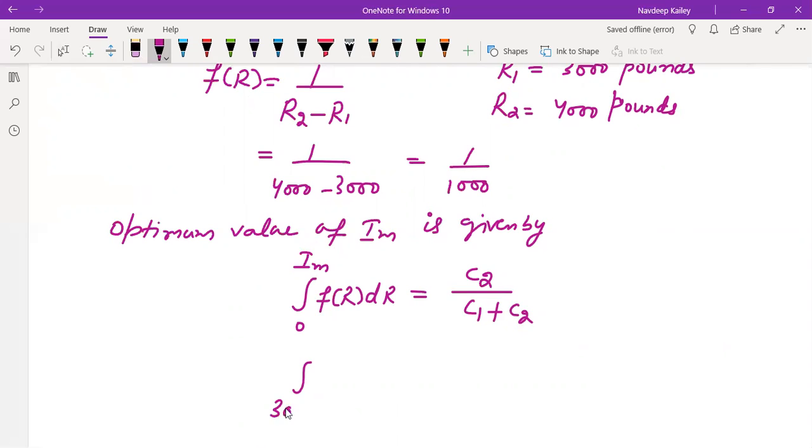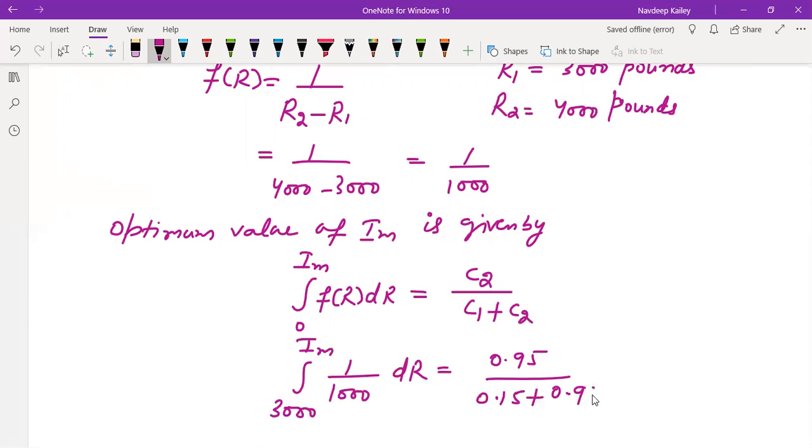Therefore, it starts from 3000 to Im. f(R) is basically 1 upon 1000 dR. C2 is already given, that is 0.95 rupees. C1 is 0.15 rupees.